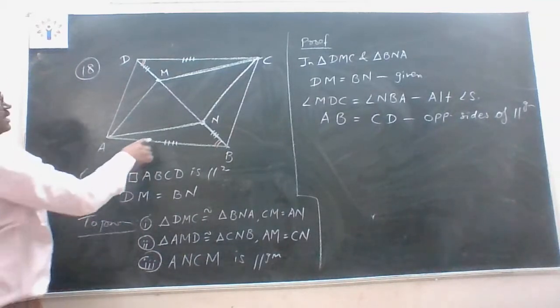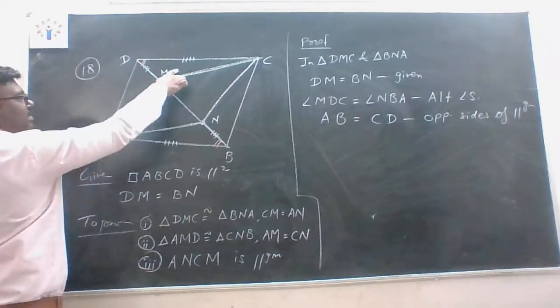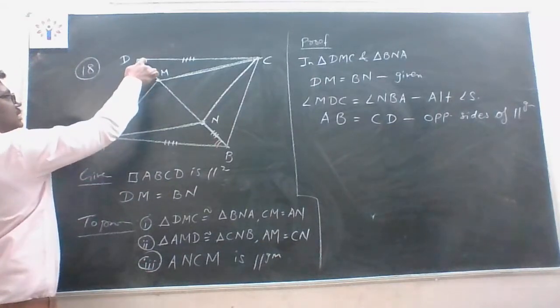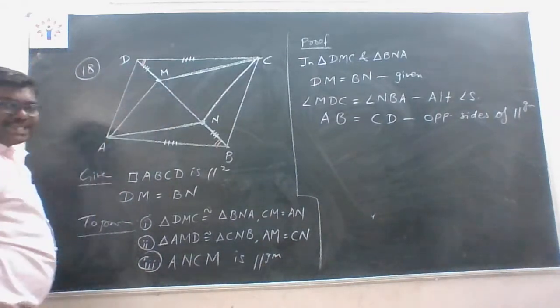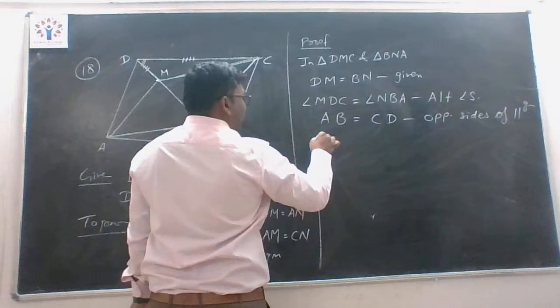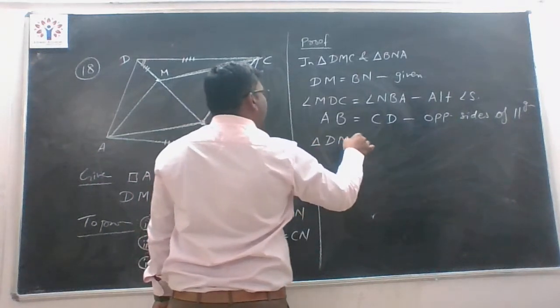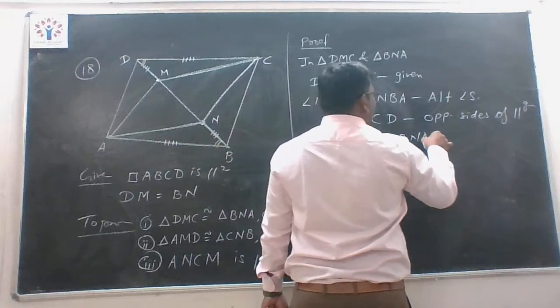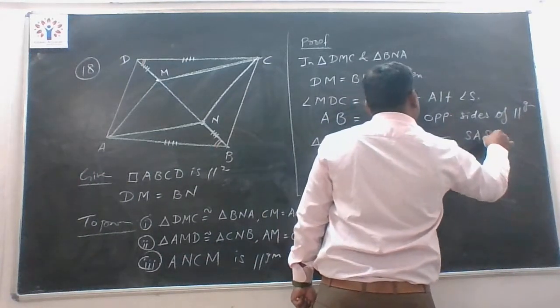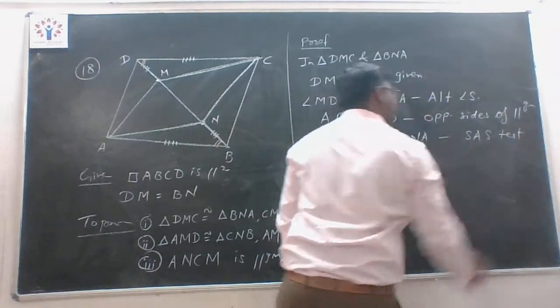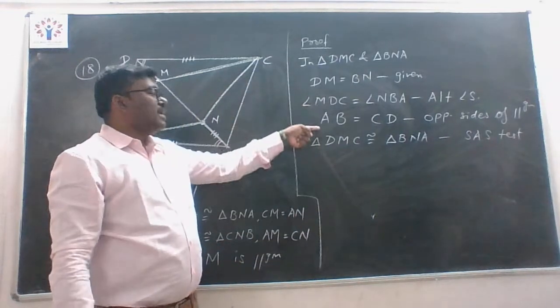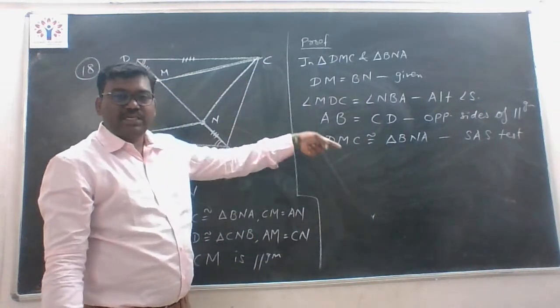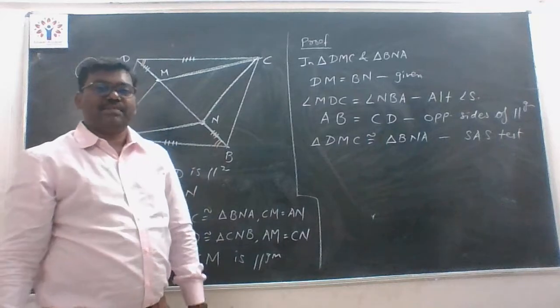Therefore, we can say that these two triangles are congruent by SAS test. So we can write here triangle DMC congruent to triangle BNA by SAS test. Because two sides are equal and the angle between them is equal, the SAS test is applicable.